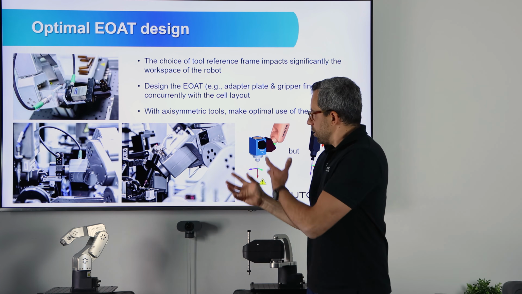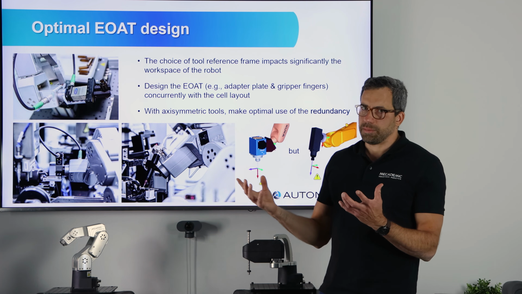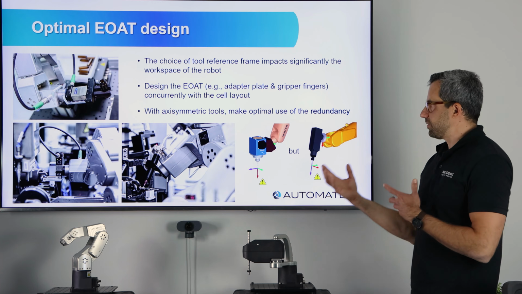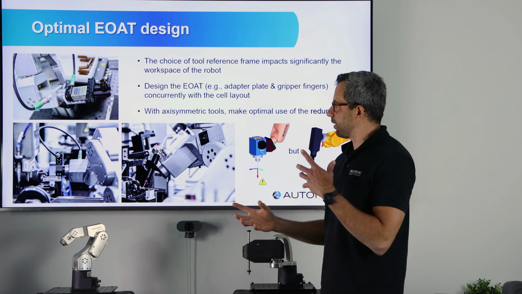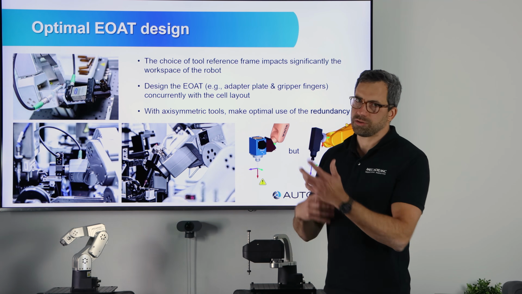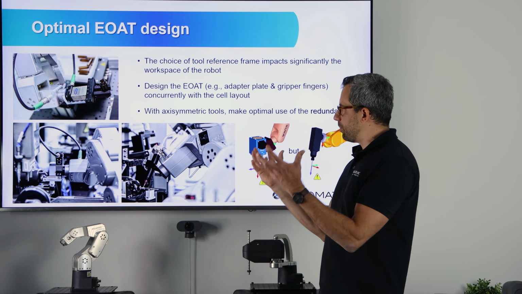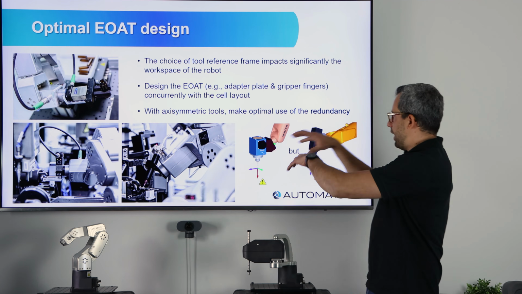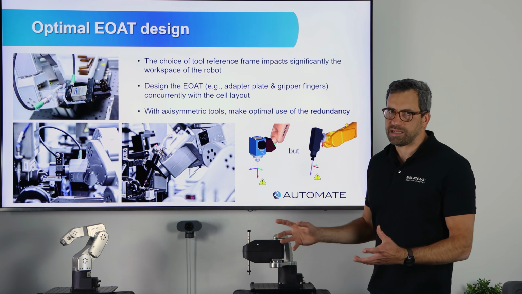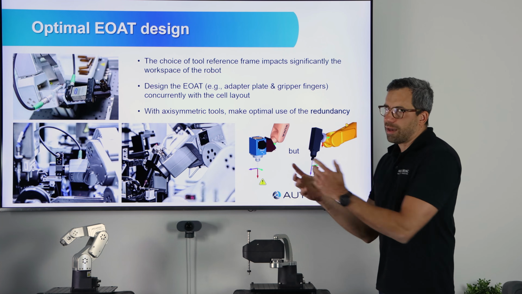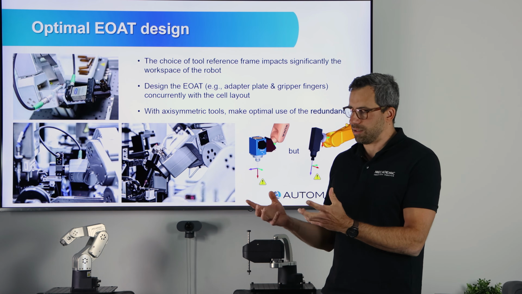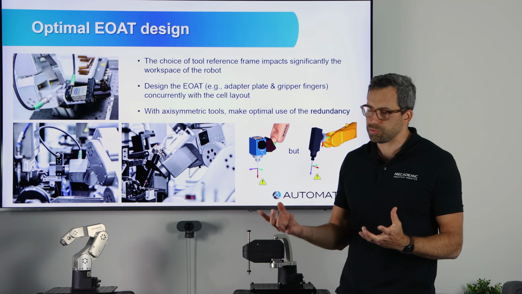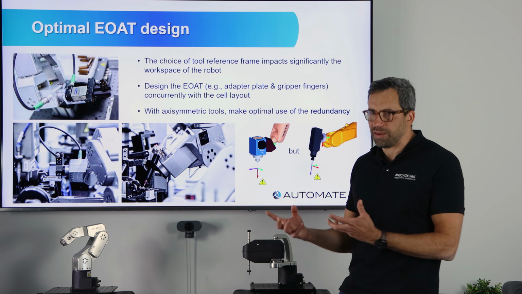So there is no science. Well, there is, like my master students sometimes do optimization using genetic algorithms to find the optimal placement of the end effector and everything else in the cell. But you don't usually have this in robot software, and it's kind of difficult.